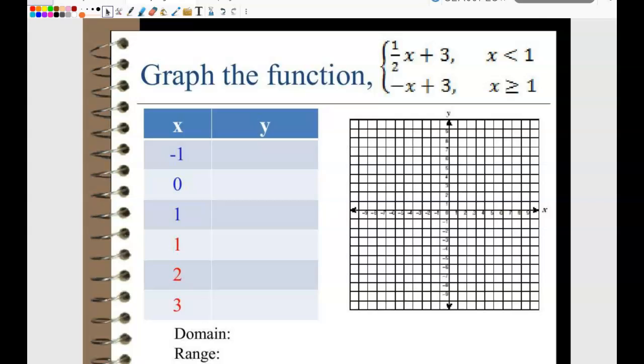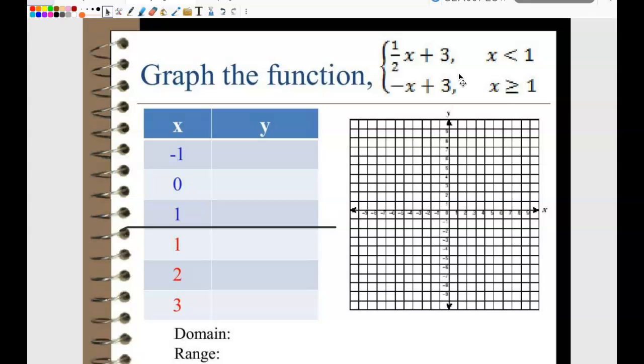So we're going to graph this function using that idea. So we know that the graph has a breaking point at 1. So what that means is the graph changes functions at x equals 1.